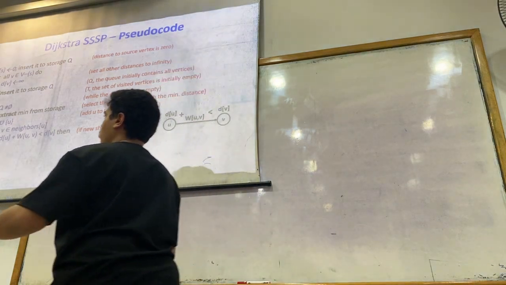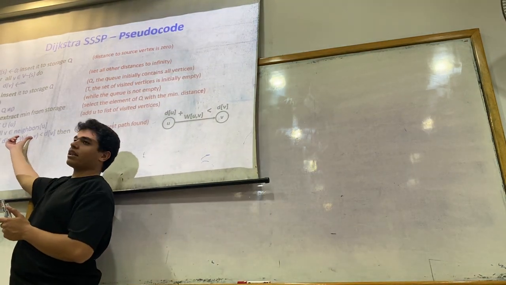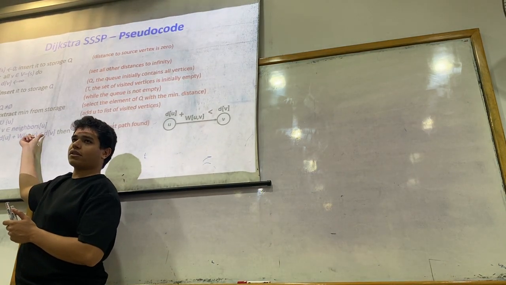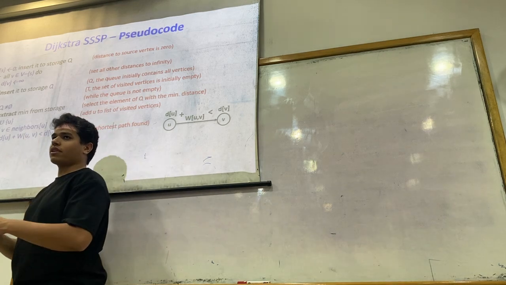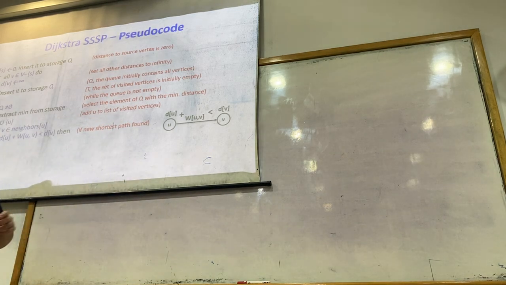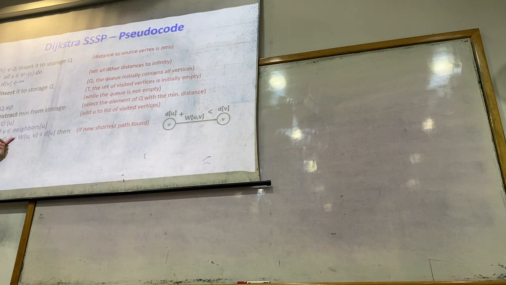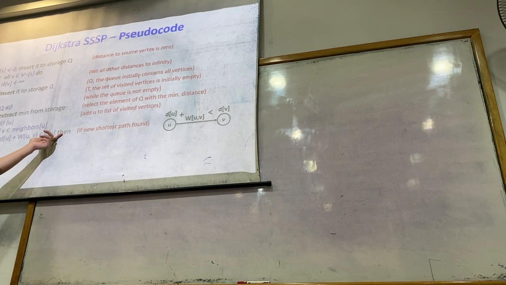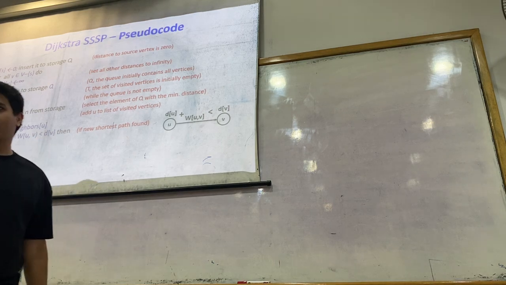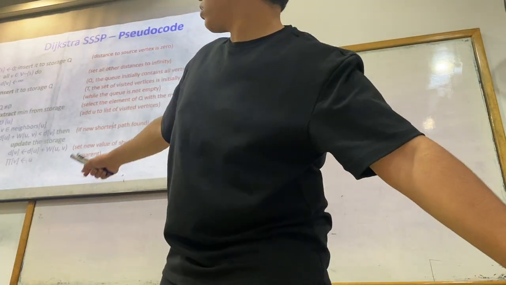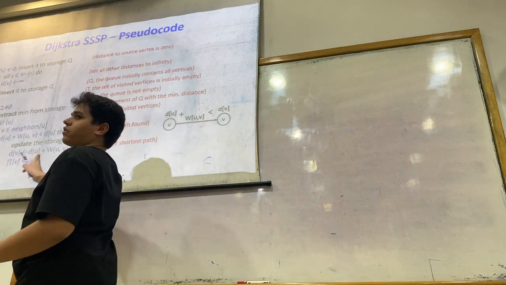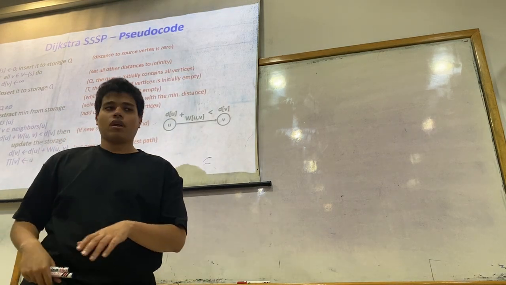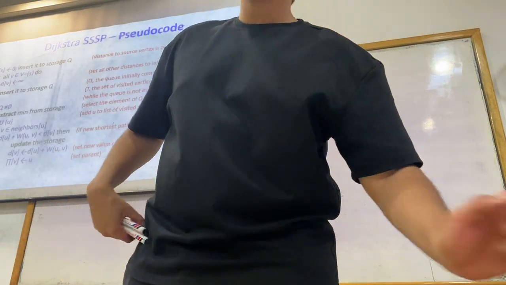So if the distance of U plus the weight of the edge is smaller than the one already stored for V, my neighbor, I will update the distance and update the parent. At the end, I will return both the distance and the parent.